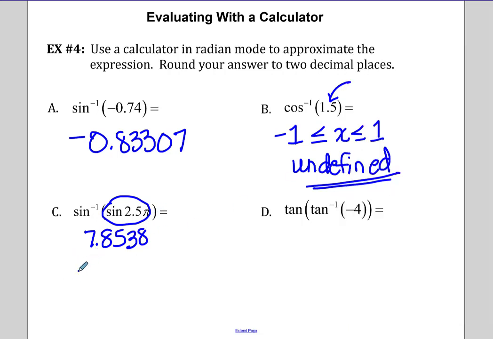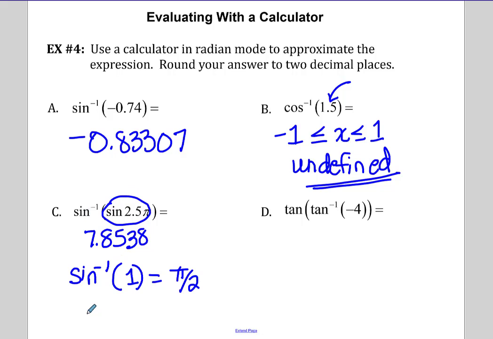So the sine inverse of the sine of 2.5 pi is 1, is what it's asking us to do, and sine is 1 at pi over 2. So a better answer would be to break this apart into two pieces.